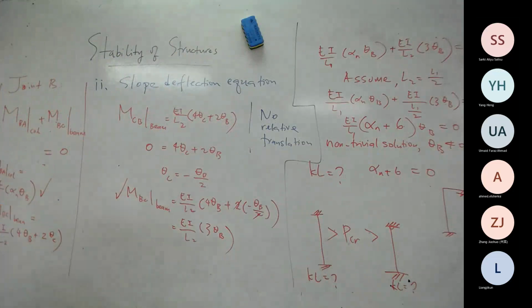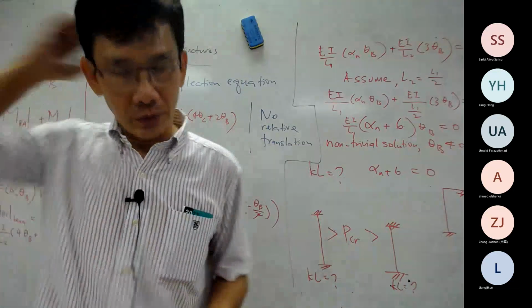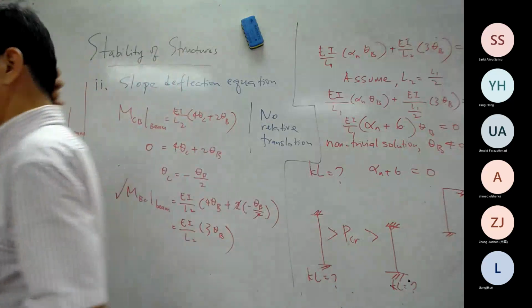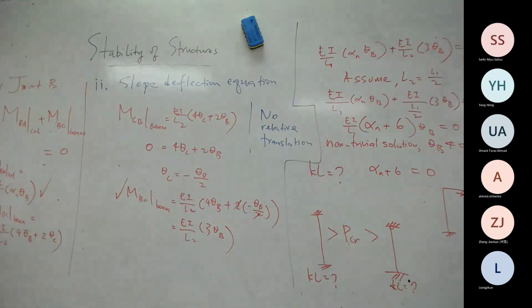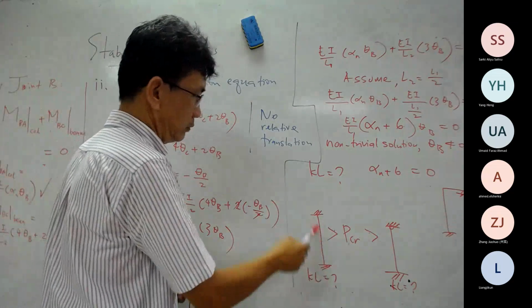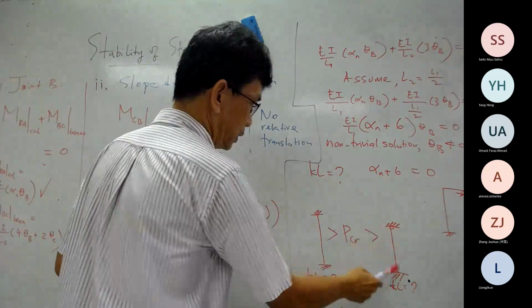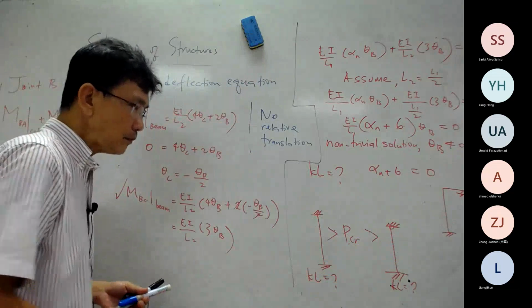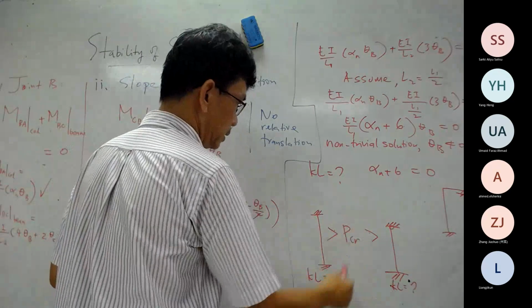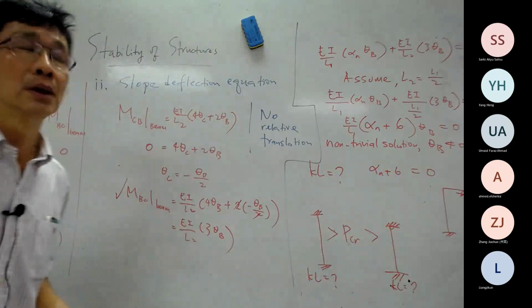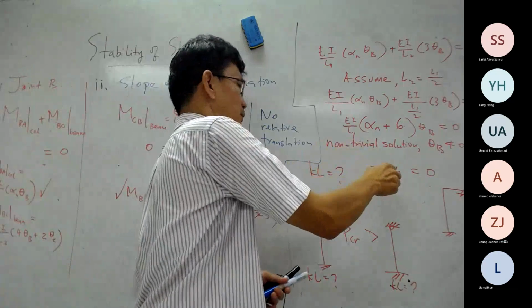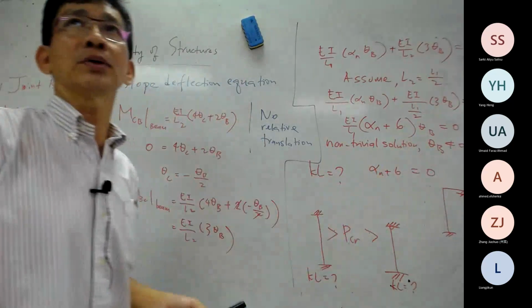So in the exam, we do not expect you to get a very accurate answer because we are not testing you on that. You need to know how you actually get the solutions. Once we know the KL value for this case and for this case, we can start with this plus this over 2. See whether you get the alpha n value plus 6 positive or negative.